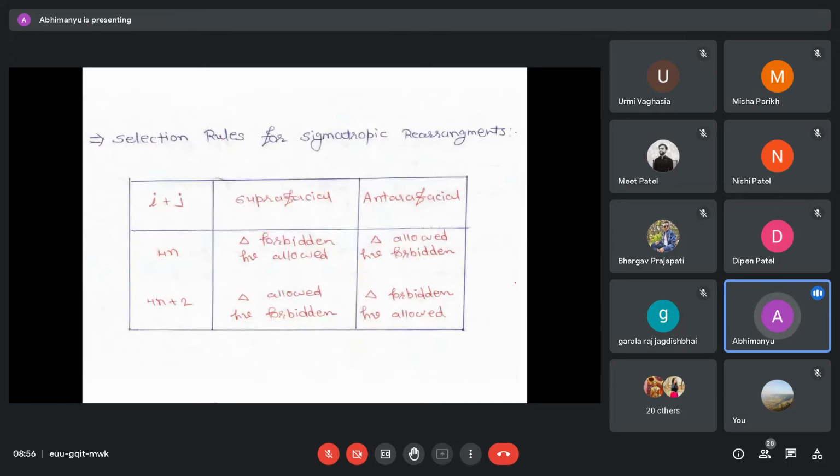So by using the symmetry concept we can write the selection rules for sigmatropic rearrangement, that is 4n and 4n plus 2. The 1,3 system is the 4n electron system, hν allowed, and 4n plus 2 is thermally allowed.